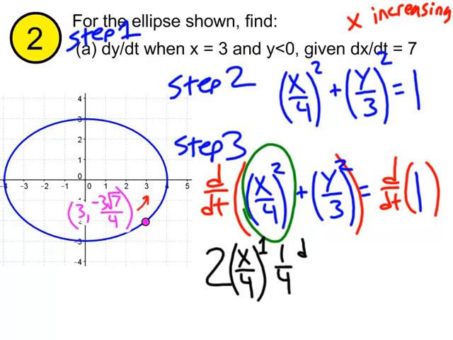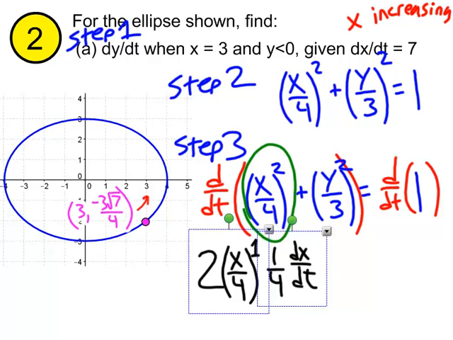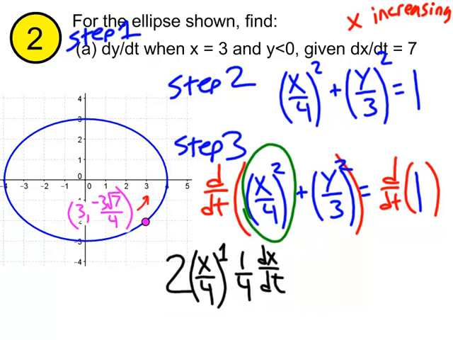And the chain rule says dx over dt. Again, that's like our implicit differentiation, which is a form of the chain rule. Because this t and this x were different variables, I needed to put the dx over dt at the end. Okay, let's do the same thing with the second term. So let's bring the 2 down in front.